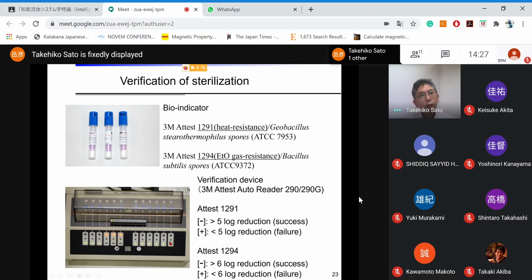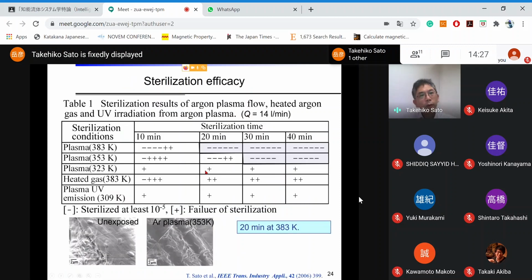In this case, the sterilization efficacy guarantees a 5 log reduction. From this, it's around 20 minutes. The bacteria were killed completely.